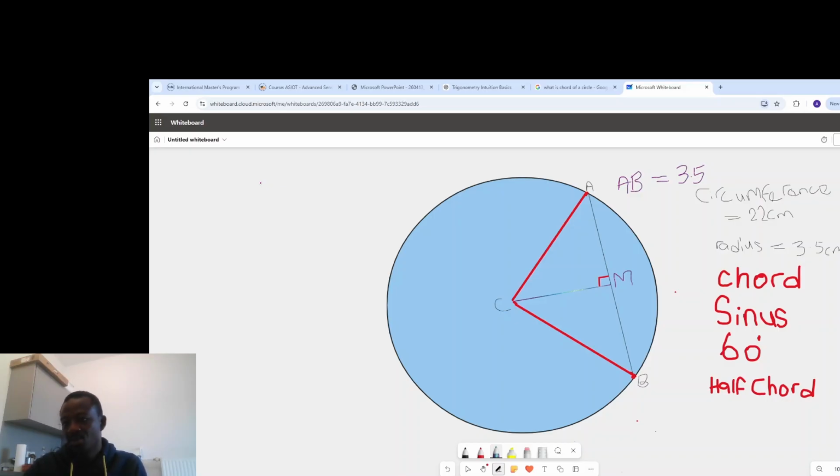So we have 1/2 multiplied by 3.5, all over 3.5. This would give us 0.5.